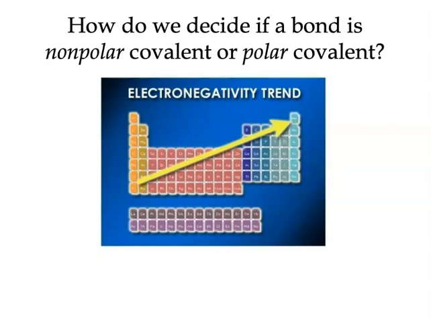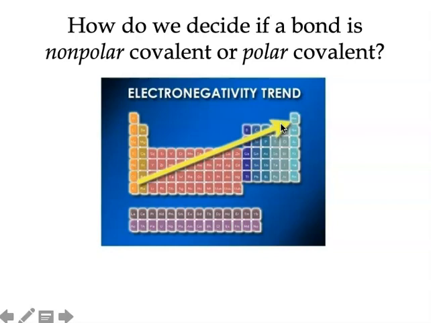Well, we once again use the ultimate cheat sheet in the universe, the periodic table. Things that are more up and to the right here, with the exception of the noble gases, which don't play, since we already know they don't like to form bonds. If you look up and to the right on the periodic table, it is said to increase in electronegativity.